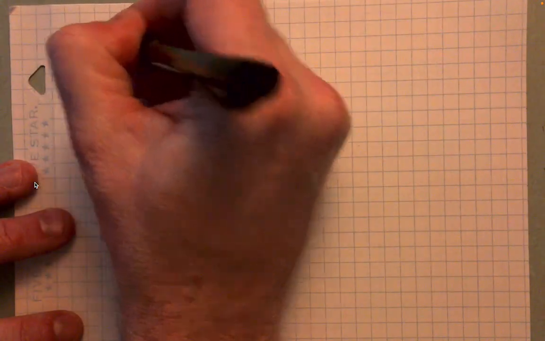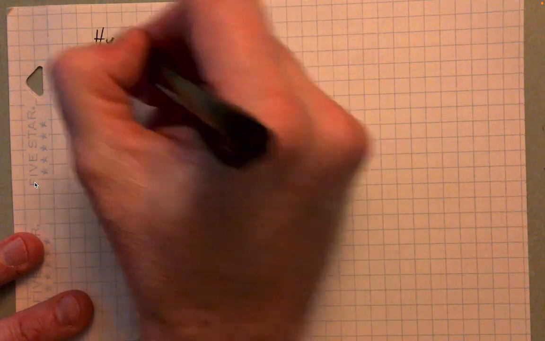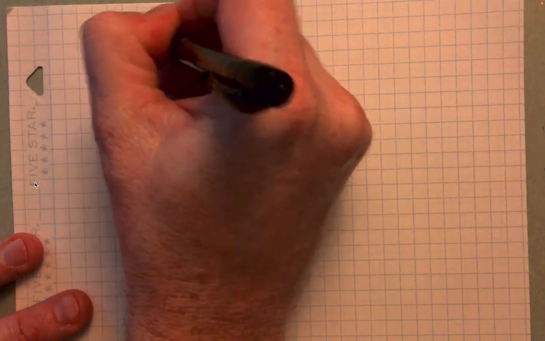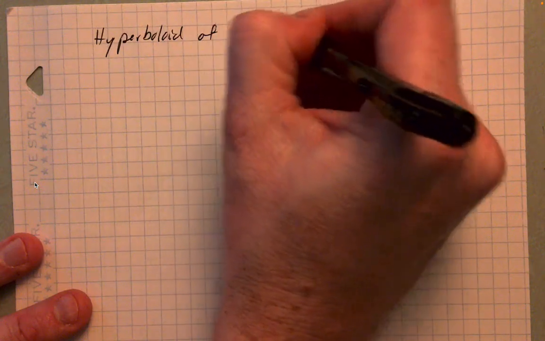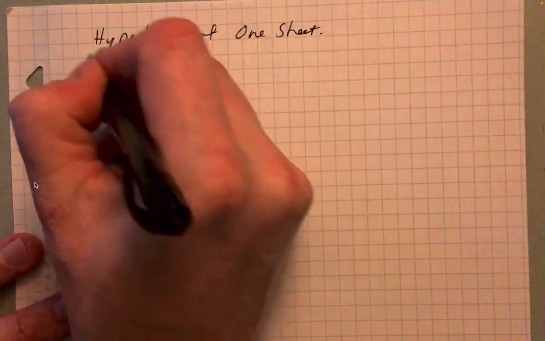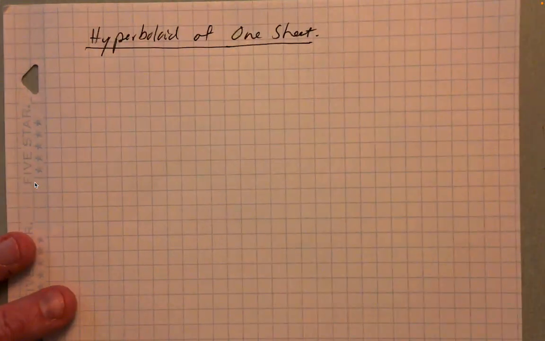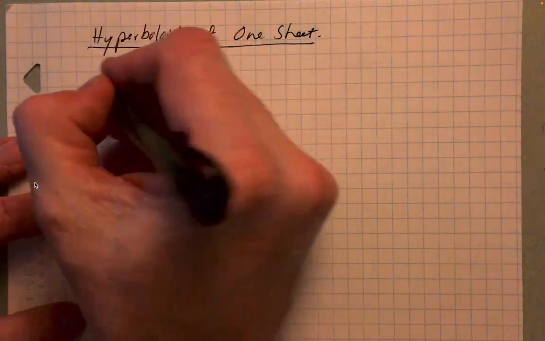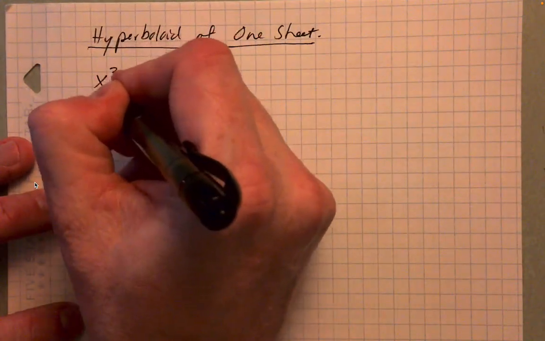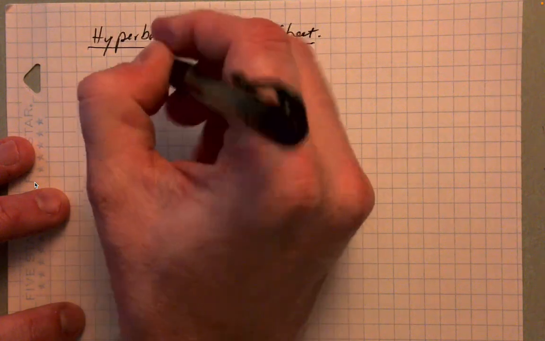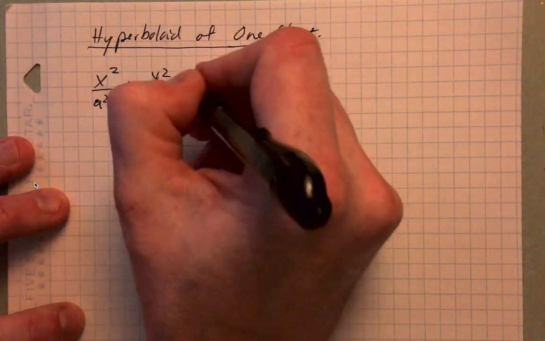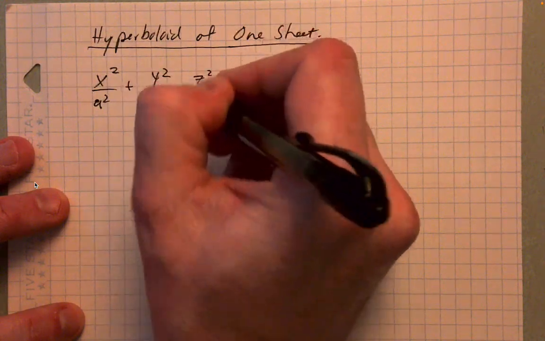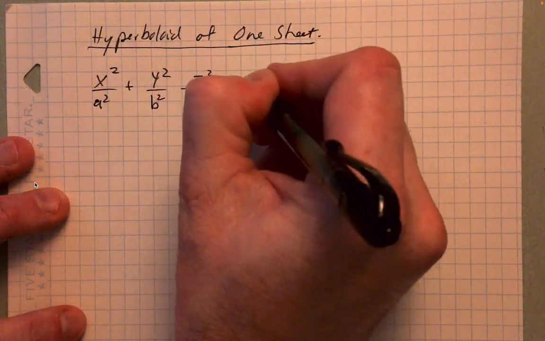So the first one is called the hyperboloid of one sheet. Now what that means we'll see in a second. The equation of this is going to be x squared over a squared plus y squared over b squared minus z squared over c squared equals 1.